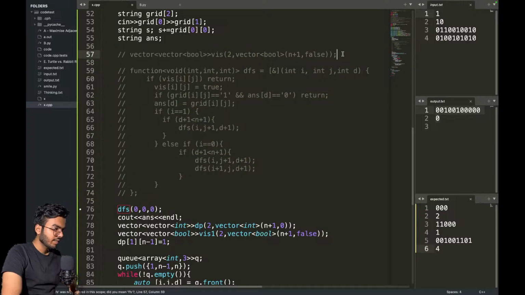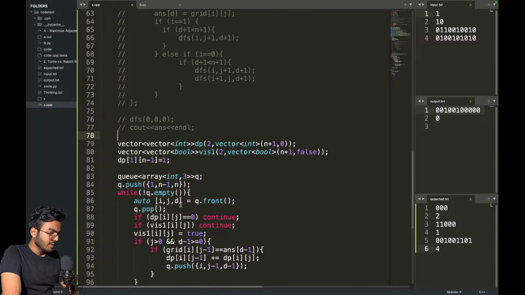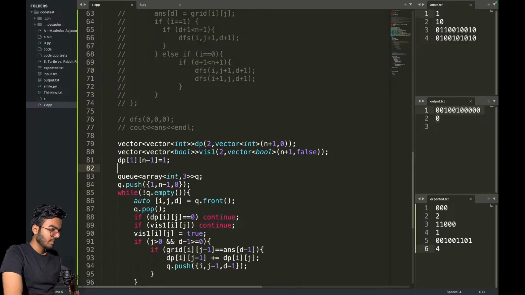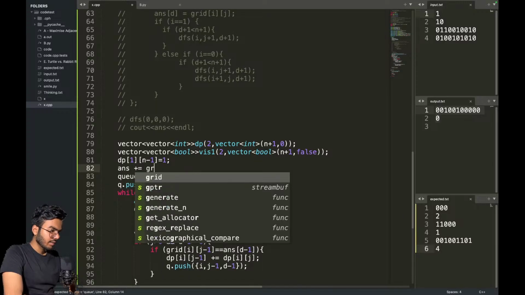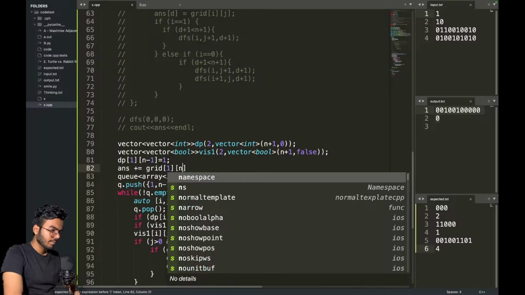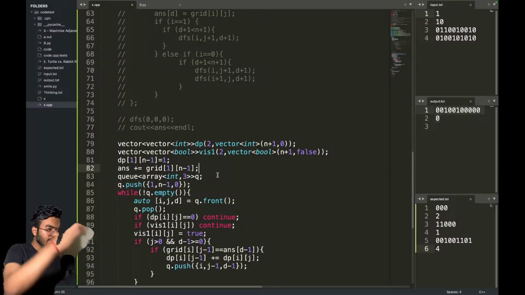Okay, let's say I have an answer. Let's actually go from 0. So initially my depth will be, let's say, string answer plus equals s grid of 1 of n minus 1. Okay, so let's say I have this.